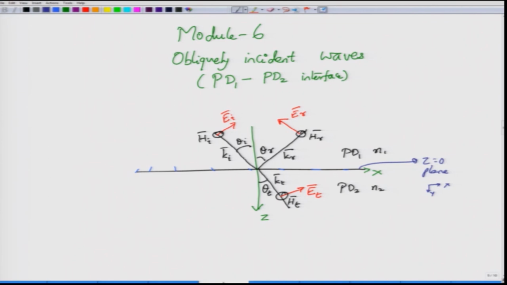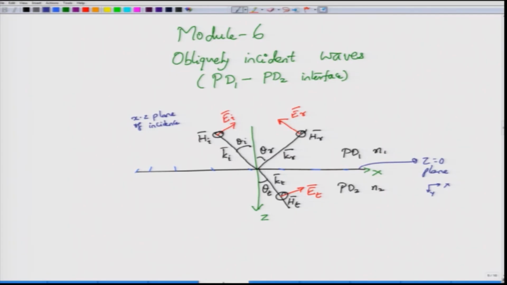The plane of incidence, which is essentially the x z plane, is the plane of incidence, and it also turns out that the plane of polarization can be defined, which would include both the electric and magnetic fields. The electric field will be in the direction given by x and z, and the magnetic field will be along the y direction.